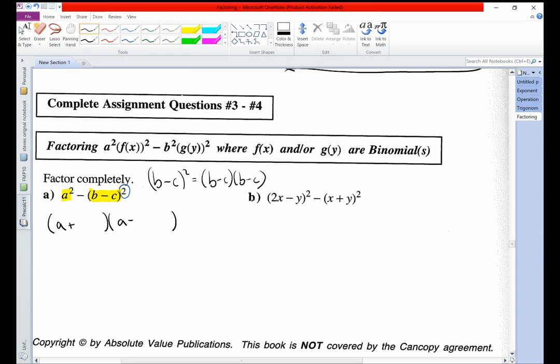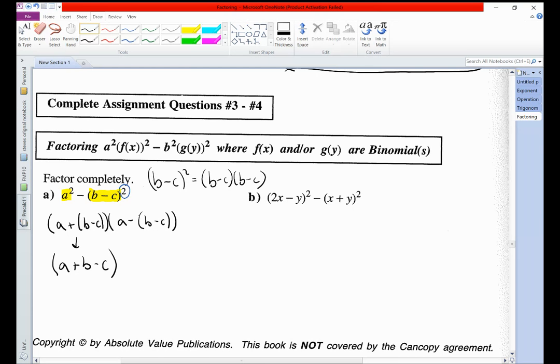And then to get b minus c squared is going to be b minus c, b minus c. And now the only other thing you want to do is make sure that they're in simplest form. So this one here can't really change. It's just going to be a plus b minus c.